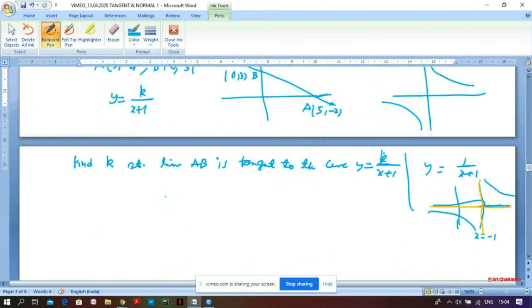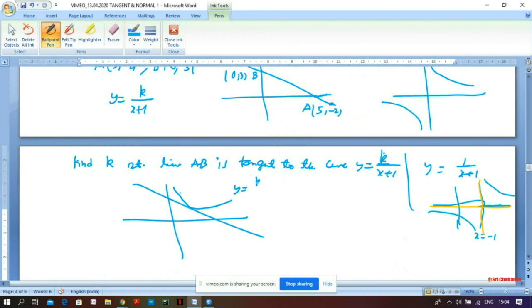So suffice it to say that you have some line and some curve, and that curve's name is y is k over x plus 1. That's how it is defined. And this line AB is there. We want to find when this line is a tangent to this curve. So first find the equation of the line.